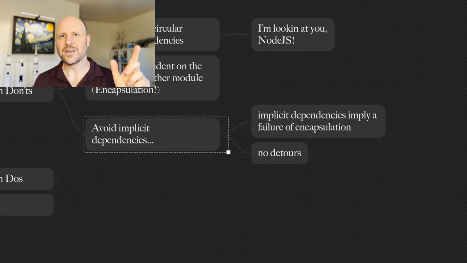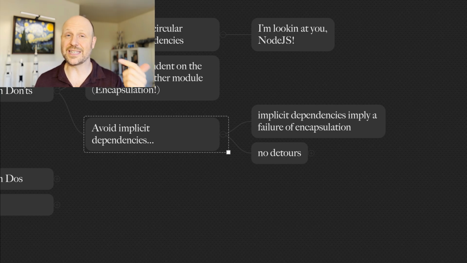Module A imported this dependency, then passed it through to module B, and so even though module B does not explicitly say it depends on that email module, obviously it does, because it's the one using it. Module A was just a pass-through. It was a detour.